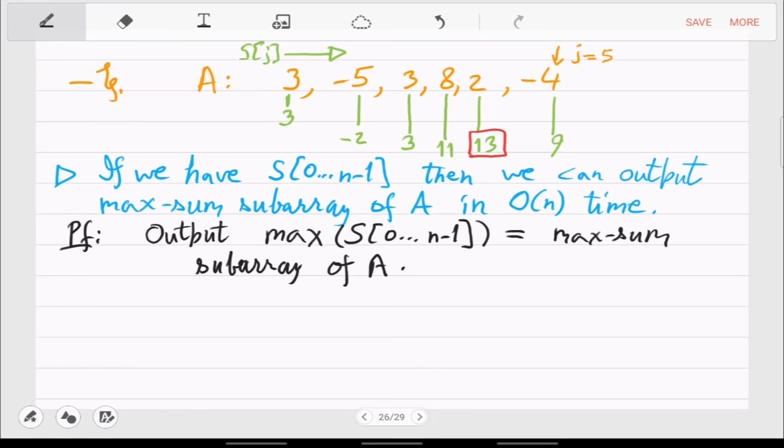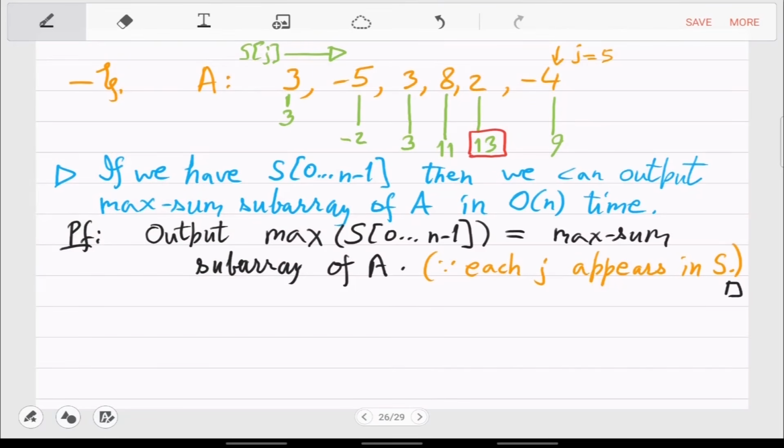Right? So that's the formal argument. Since each j appears in S, the correct one also appears, and that gives you the value that you are looking for.